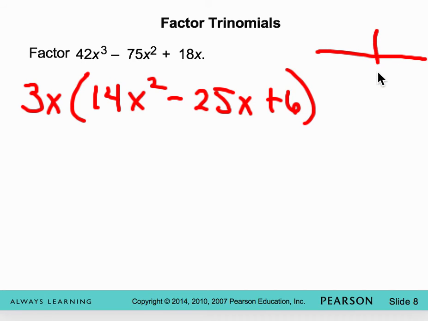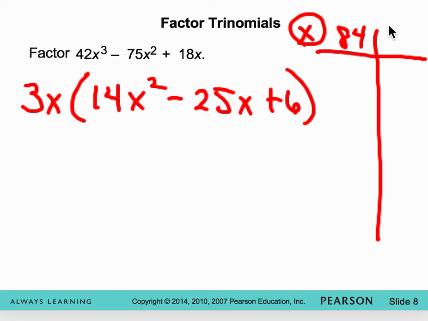So I'm looking for two numbers that multiply to give 14 times 6. Now I can come over here and multiply it if I need to, but I know that that's 84. And it's got to add to be negative 25. Okay, so let's start with the 14 and 6, right? 14 plus 6 is 20. Hey, I'm pretty close to my numbers, right?